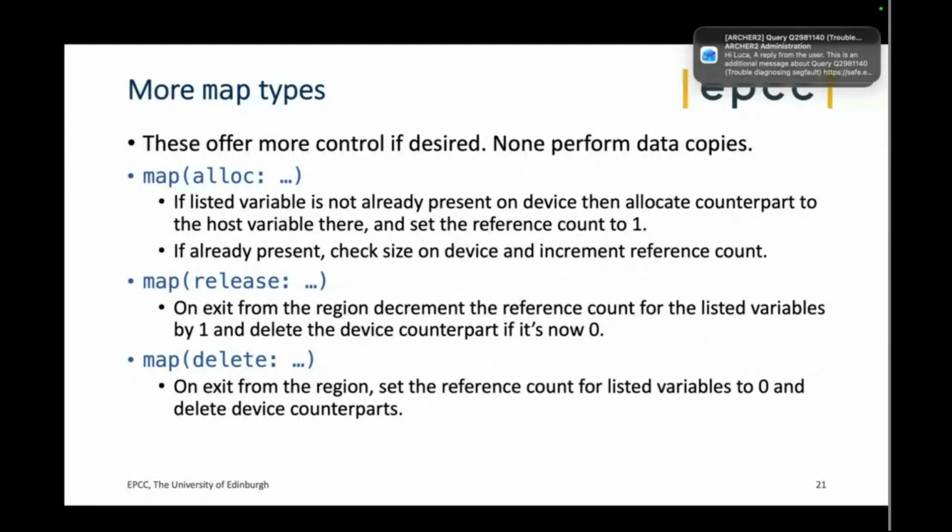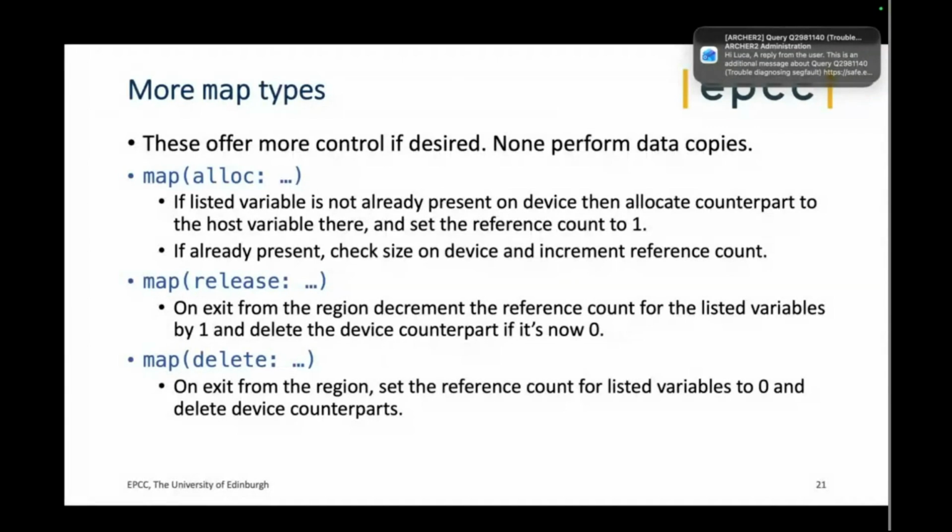Map release, what it will do is essentially it decreases the reference counter by 1. And if the reference counter becomes 0, then it will deallocate it. If you've mapped multiple times to the device, the reference counter will not become 0 when you call map release, so it will not be deallocated.